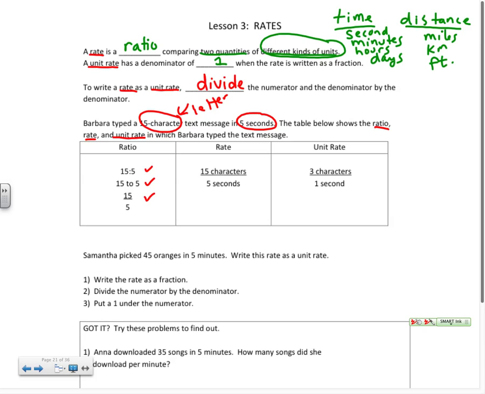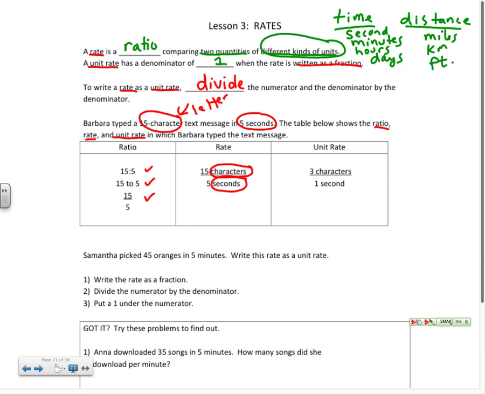Okay, when we talk about rate, remember we want to write it as a fraction because it's just easier to work with it mathematically. So rate is comparing units. So look at here, we're looking at the letters she types called characters and the seconds she types them in. So 15 characters in 5 seconds is actually called the rate at which she can type a text message.